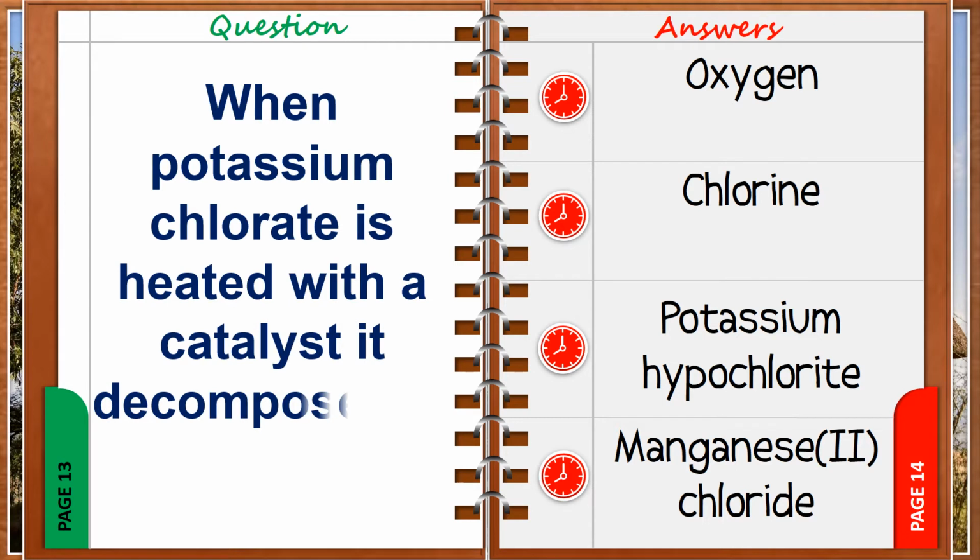When potassium chlorate is heated with a catalyst, it decomposes to form oxygen.